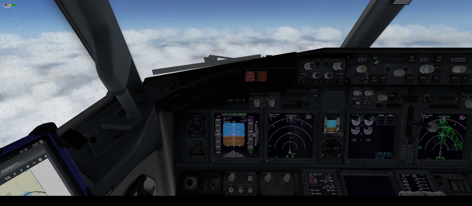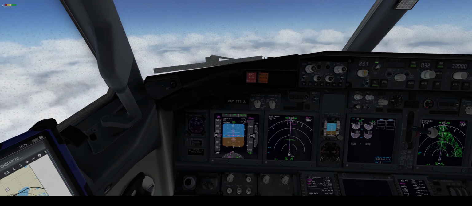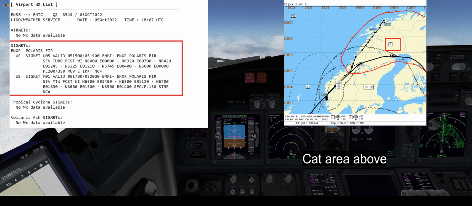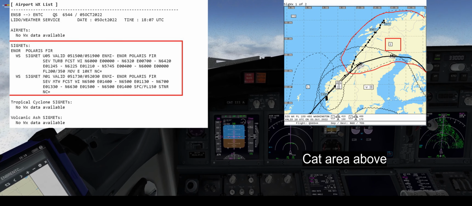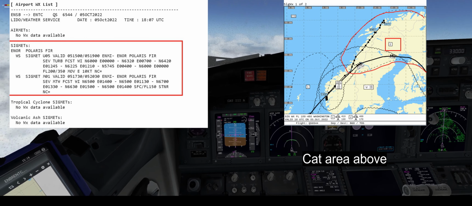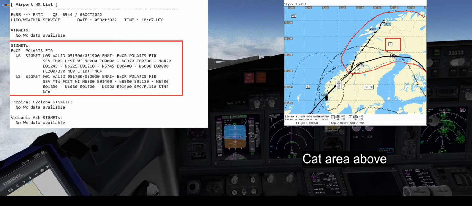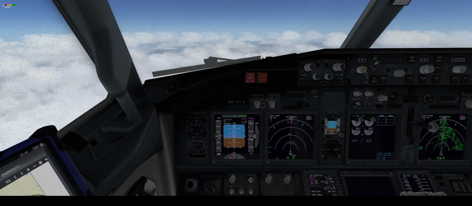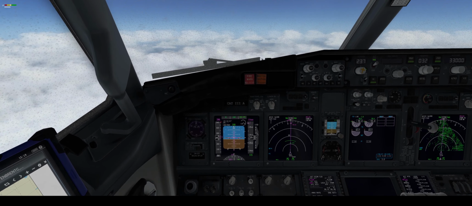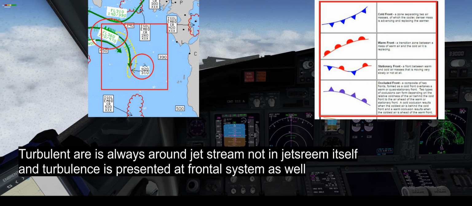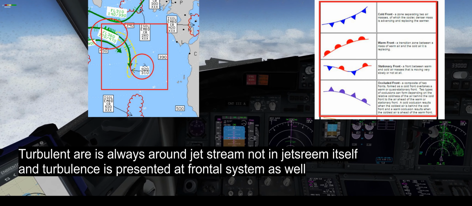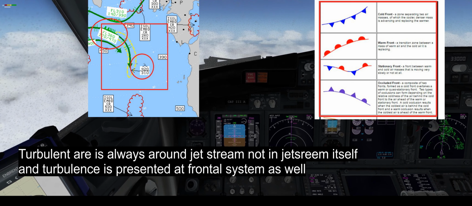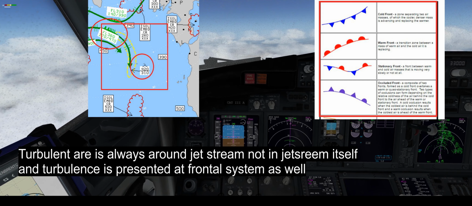Another turbulence is the so-called clear air turbulence. This turbulence is basically created when one air mass is, let's say, crashing into another air mass, okay? So it should be near the frontal system, it should be around the jet stream, for example, because within the jet stream you have basically no turbulence, but most of the turbulence, really hard turbulence, is around the jet stream.